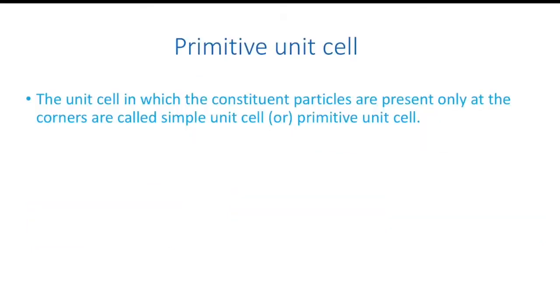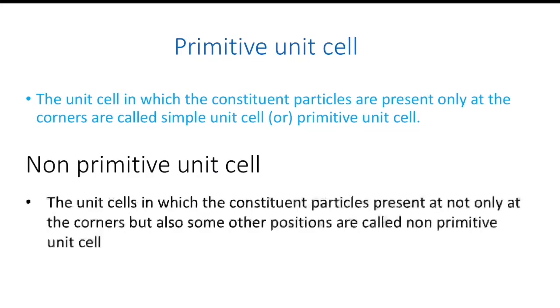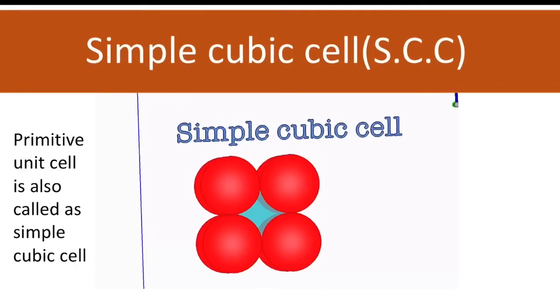The unit cell in which the constituent particles are present only at the corners of a simple cubic cell, we call it a primitive unit cell. Next, non-primitive unit cell has particles not only in the corners but also at the centers. That's the reason we have edge center, face center, body center and end center. Primitive unit cell can also be called a simple cubic cell.